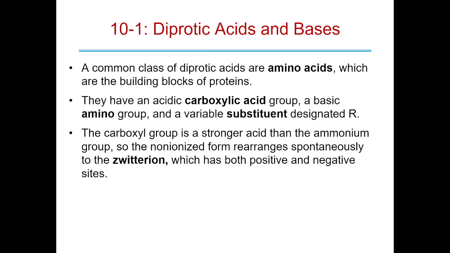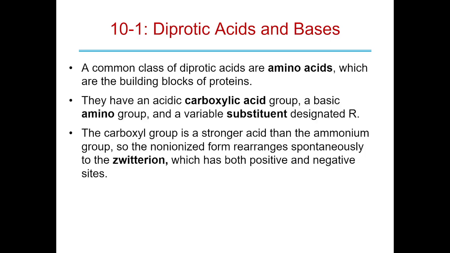Common classes of diprotic acids are going to be amino acids. These are one of the most common classes of diprotic acids and probably the most useful one to understand because they're amino acids, right? They're the building blocks of life. Lots of stuff going on with those.